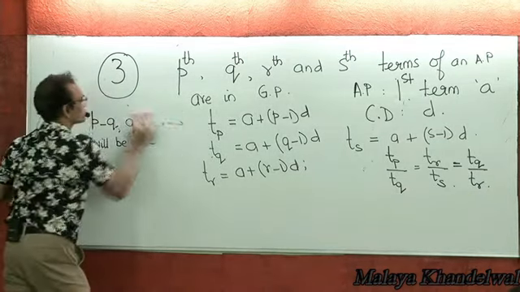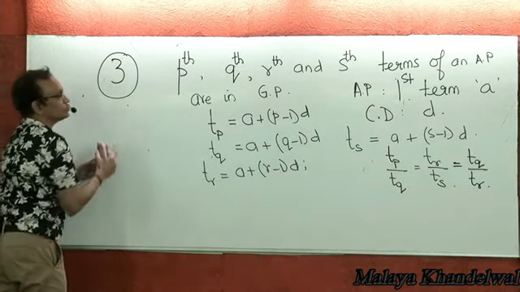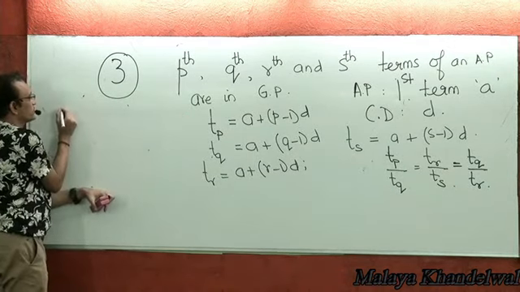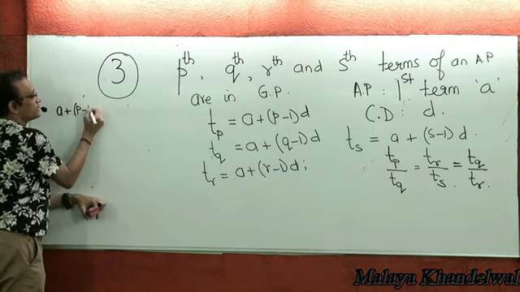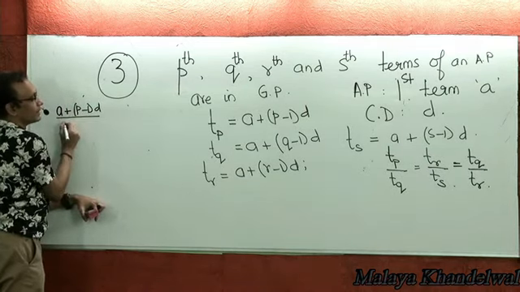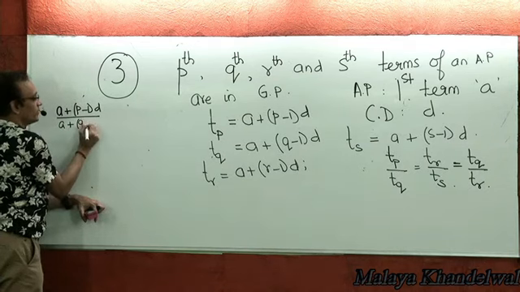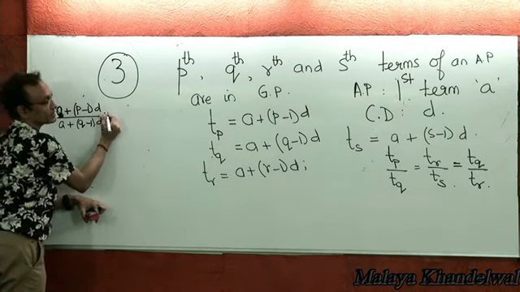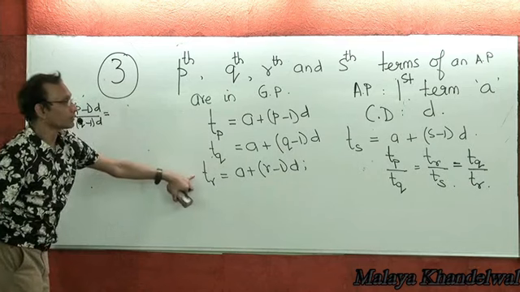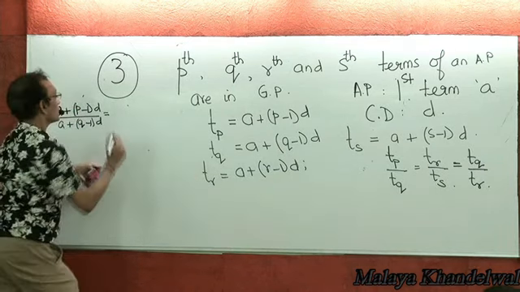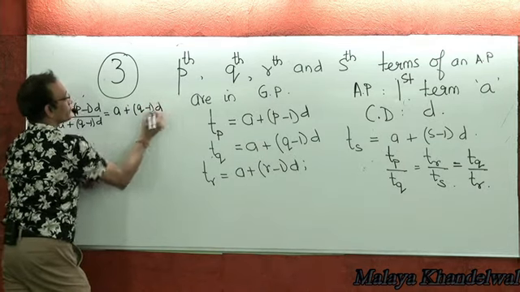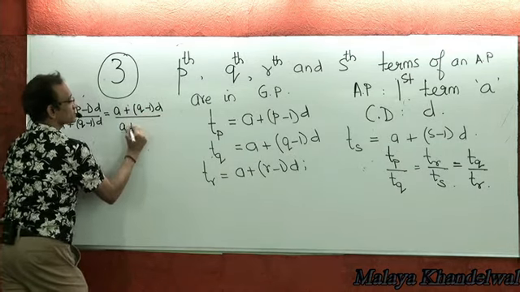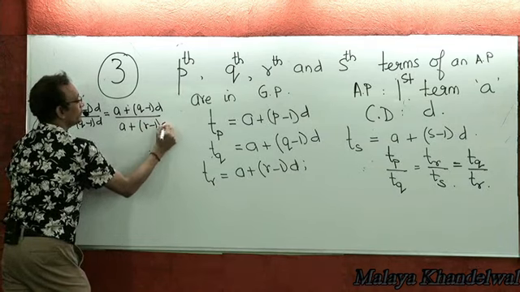GP. So now using that result, TP by TQ, as you can see, is A plus P minus 1 into D divided by A plus Q minus 1 into D, is TQ by TR, which is A plus Q minus 1 into D divided by A plus R minus 1 into D, right?